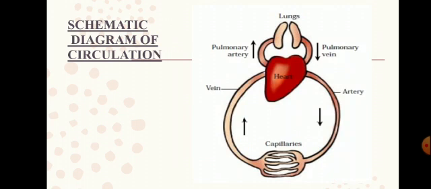The arteries divide themselves into capillaries, which then deliver oxygenated blood to the tissues in the body, okay. Then these capillaries take up the deoxygenated blood from the tissues to the veins.